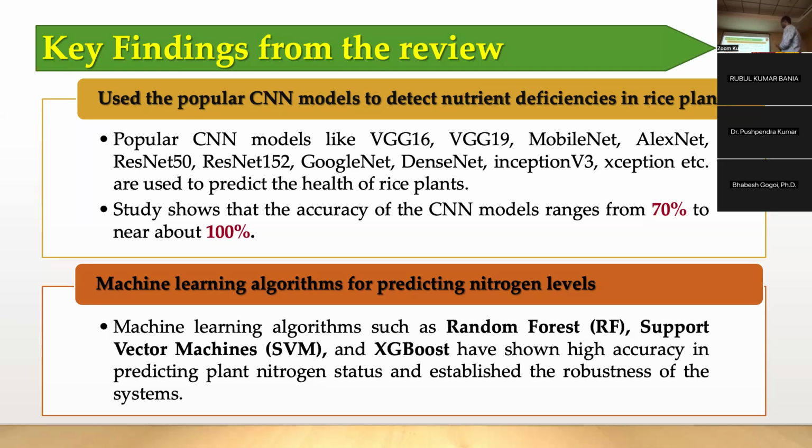And the study shows that the accuracy of the CNN models ranges from 70% to nearly 100%. Machine learning algorithms for predicting nitrogen levels are also used, like random forest, support vector machine, and XGBoost. They have shown high accuracy rates in predicting nitrogen status and establish the robustness of the systems.